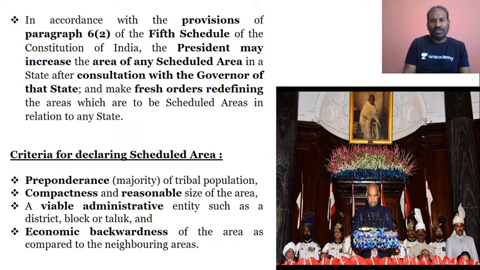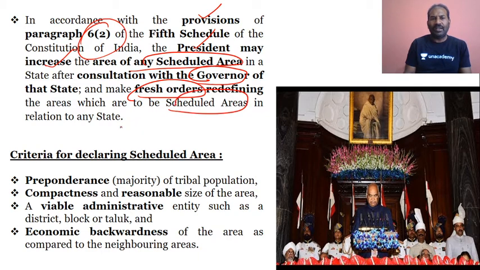We were talking about paragraph 6(1), and there is another provision in paragraph 6(2) of the fifth schedule of the Constitution of India. The first is to define, and the next one, paragraph 6(2), talks about increasing the area of any scheduled area, again in consultation with the governor, and after the consultation with the governor, fresh orders would be issued, defining the entire area of the scheduled area in particular states.